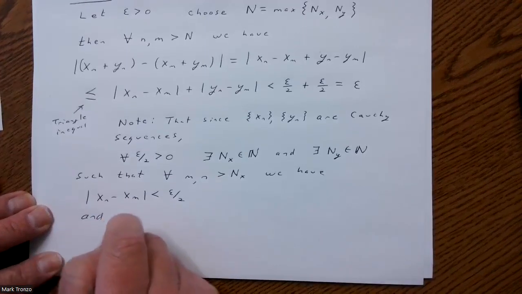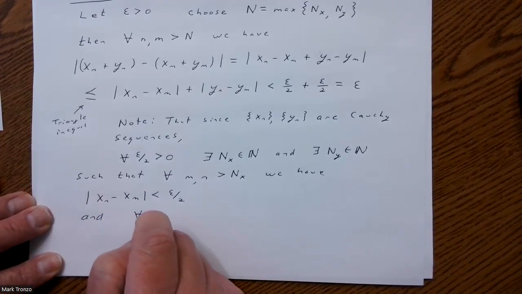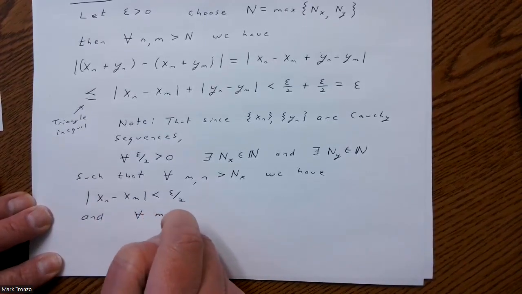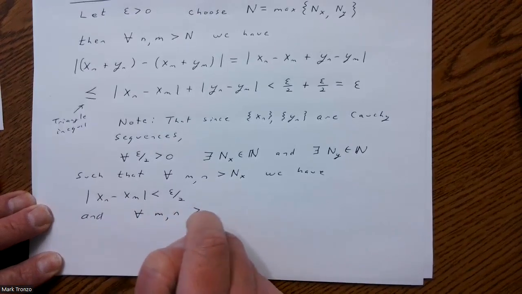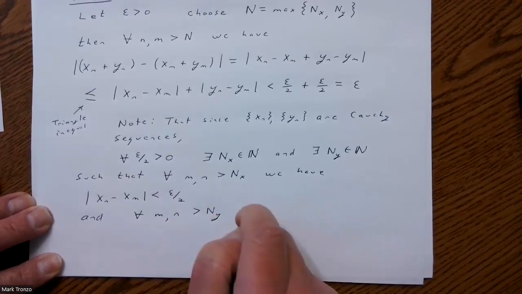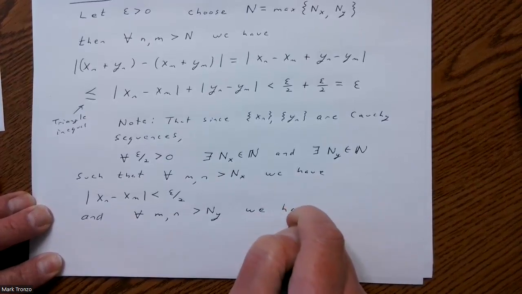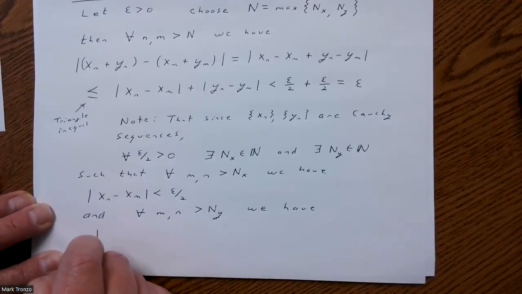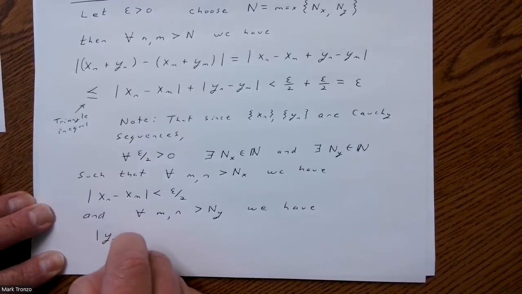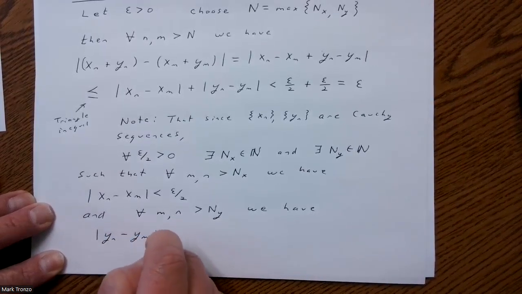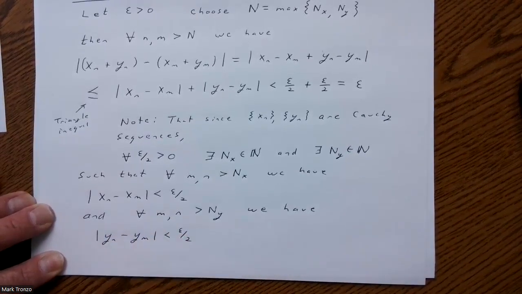And for all m and n greater than y, we have yn minus ym less than epsilon over 2.